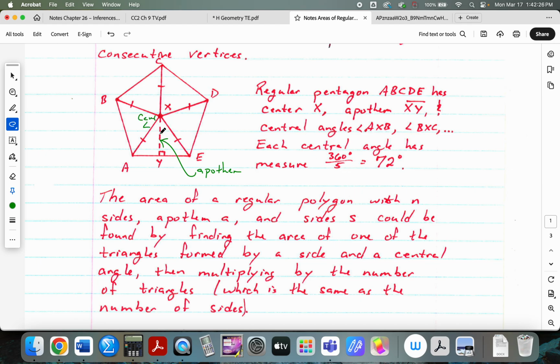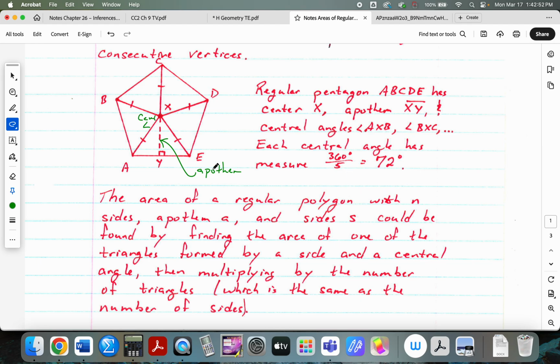Now, the apothem splits this one, but there are 5 central angles. So it's 72 degrees. You're going to be doing a lot of these, and after a while, you'll probably memorize some of the central angles, and you won't have to find it every time. But that's the very first thing you do when you're working one of these problems, is figure out how big is the central angle, because that's going to determine what you do next.